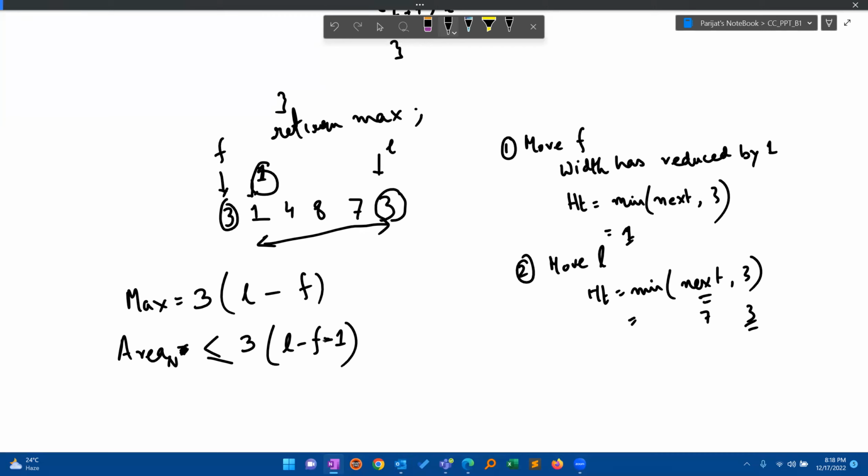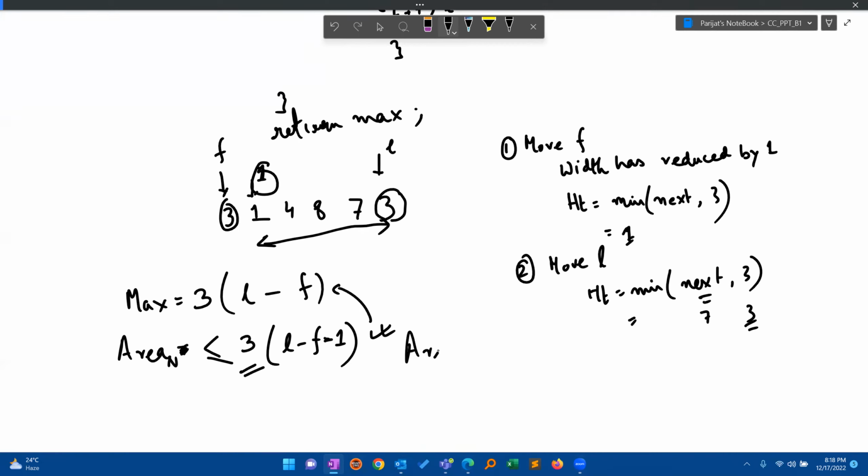Now because the width has been reduced, and I am putting less than or equal because I have proved that the bottleneck will be 3. The height part has to be bottlenecked by 3. So you know that the area new will always be less than max.